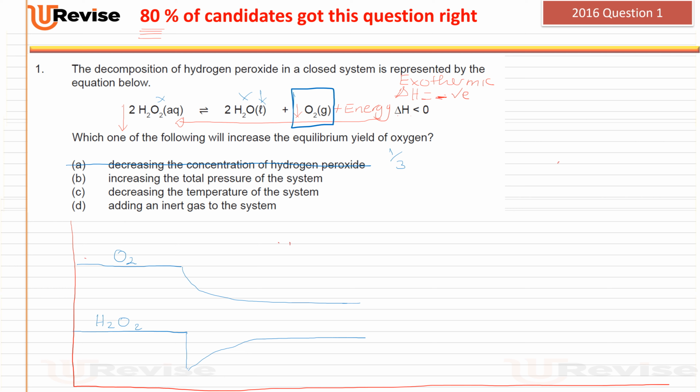Now, when we increase pressure, it means oxygen is going to increase. Let's say we are using partial pressure, or concentration is going to increase. And what will the system do? The system will partially oppose this imposed change according to Le Chatelier's principle, and it will decrease that concentration of oxygen.